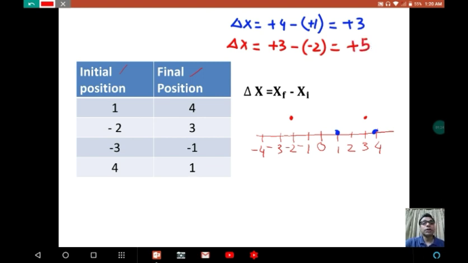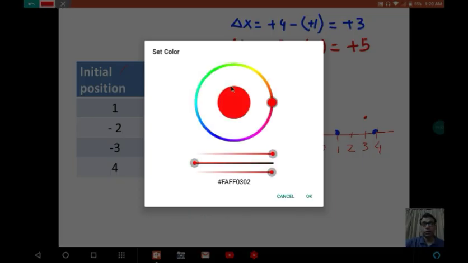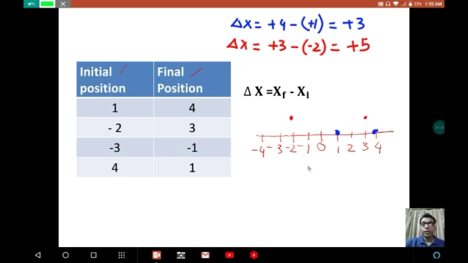Again the displacement is positive. Now in the third case, you can see it is at minus 3 and reaches minus 1. What will be the displacement in this case? Again, minus 1 minus of minus 3, which comes to be plus 2.